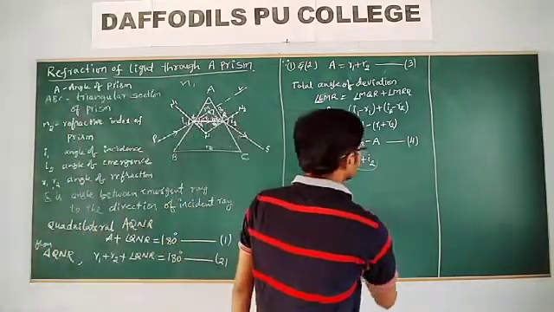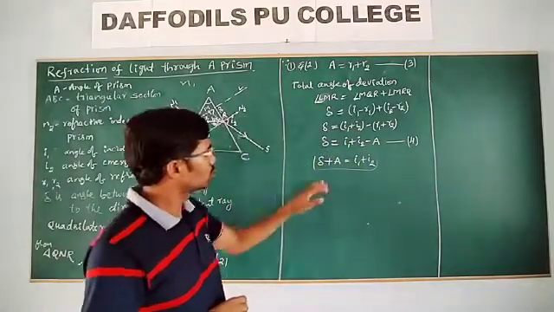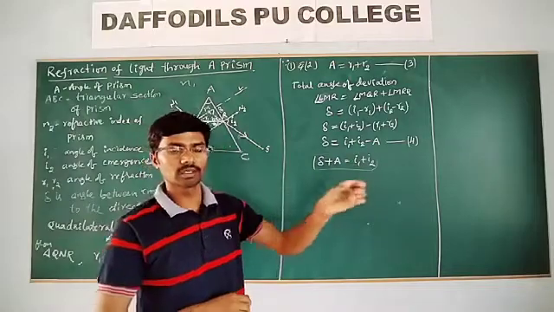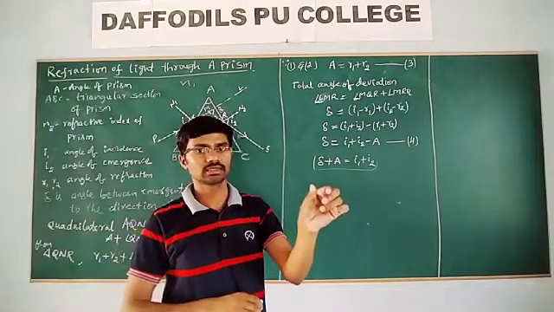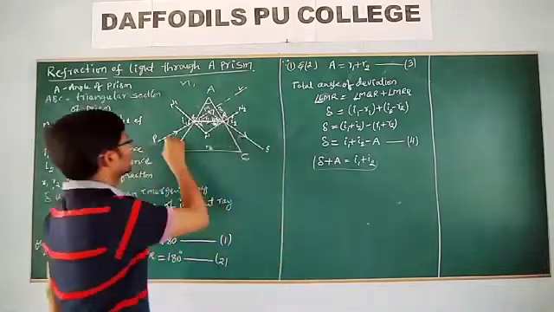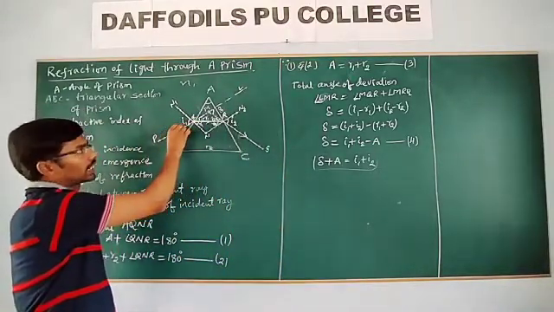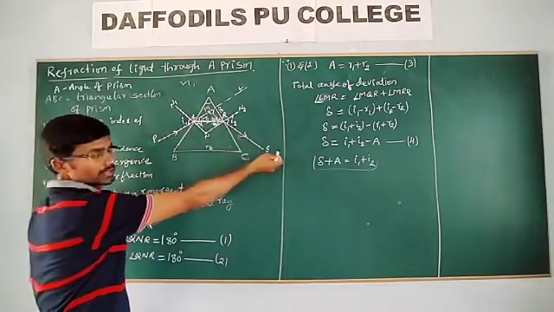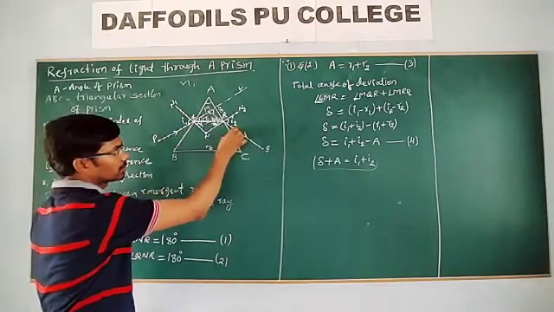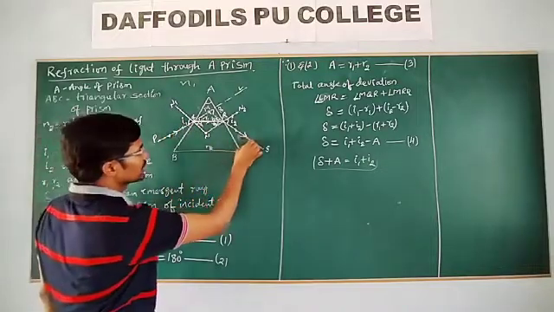For that, we can do this experiment by taking a prism and some pins. Let us take the incident ray. If you take two pins and observe from the other end of the prism, insert a third pin in the line of these two pins, and also a fourth pin in the line of these.